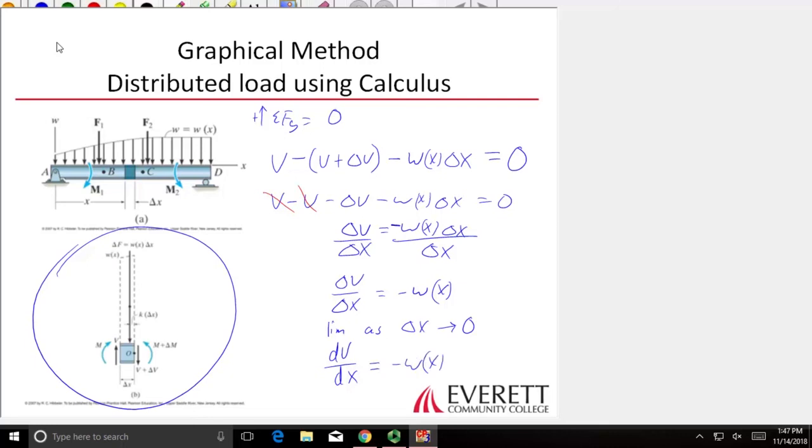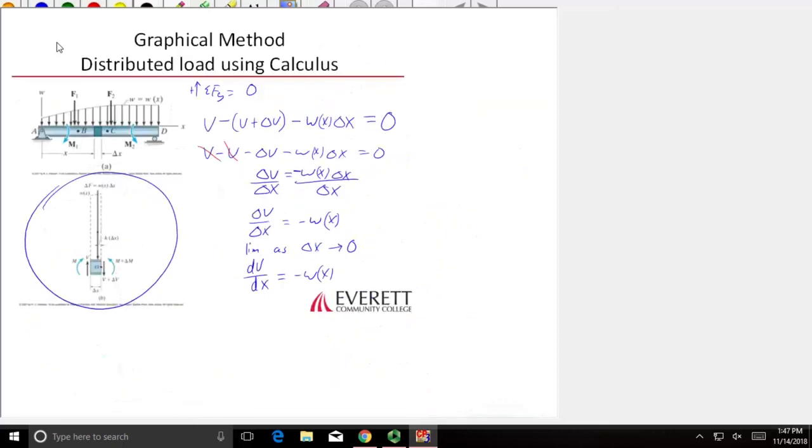This is a mathematical equation, and it's also a relationship that we can use to make our own shear and bending moment diagrams. So we want to use it for both. Don't think of it only as an equation, but also let's put some words to it. What is dv dx? What is it graphically? If I had a shear diagram, what would it be on that diagram? It would be the slope.